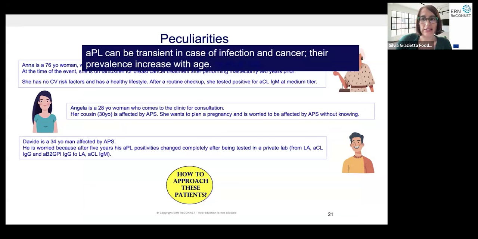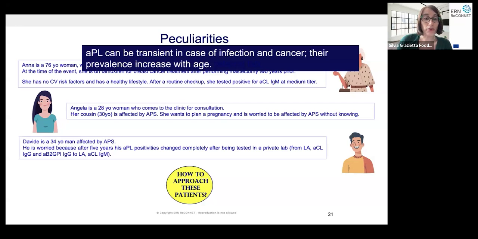So in this case, even if this patient has antiphospholipid antibodies, we have to bear in mind, first of all, that APL antibodies are more useful to be identified in young patients. Usually, we test patients who are less than 50 years old, not all the time, but most of the time.